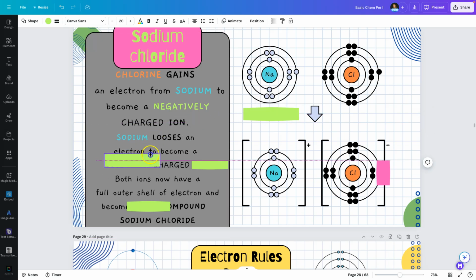Sodium loses an electron to become a positively charged ion. I'm sorry, chlorine gains an electron from sodium to become negatively charged. Sodium loses an electron to become positively charged, both ions are now forming an ionic bond, or both atoms is better said.